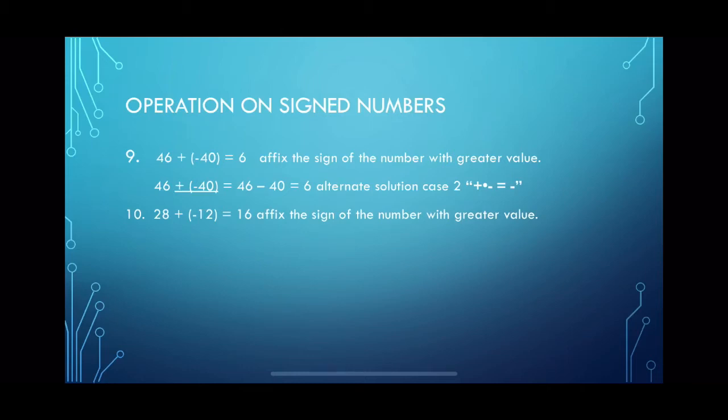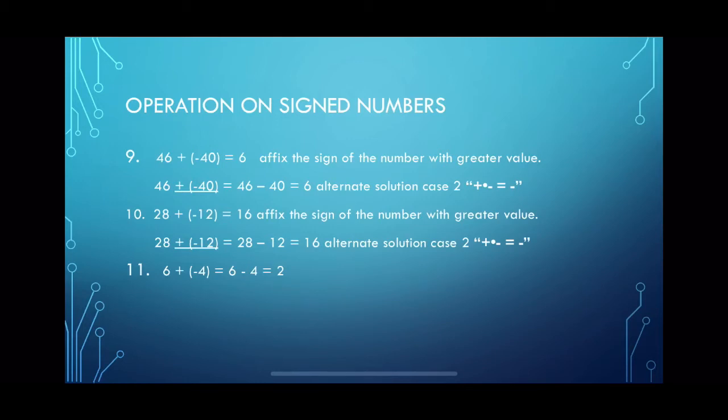We affix the sign of the number with a greater value. For the alternate solution, we have 28 plus negative 12. Again, it follows case 2, positive multiplied by negative is equal to negative. So therefore, 28 plus negative 12 is also written as 28 minus 12, which is equal to 16.